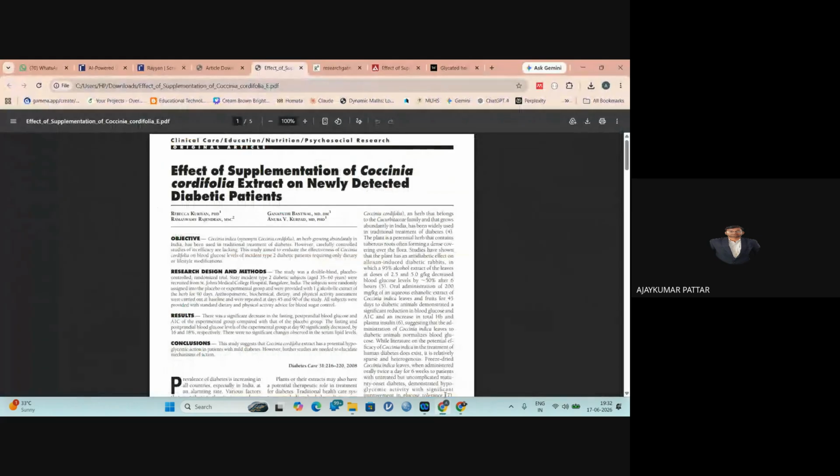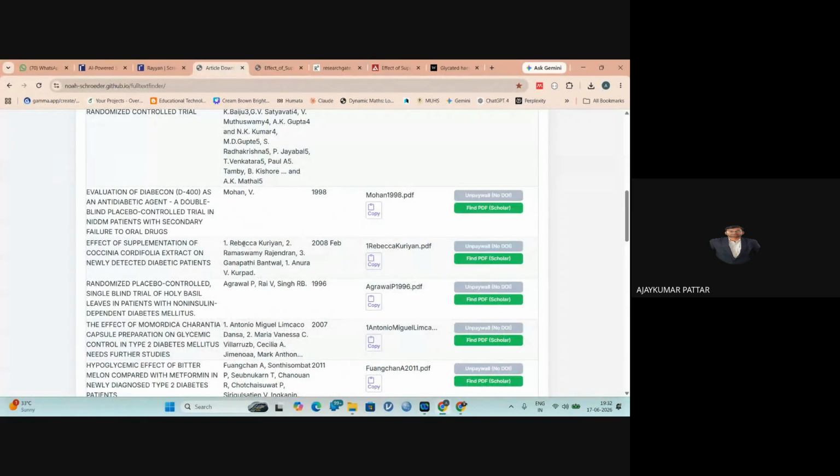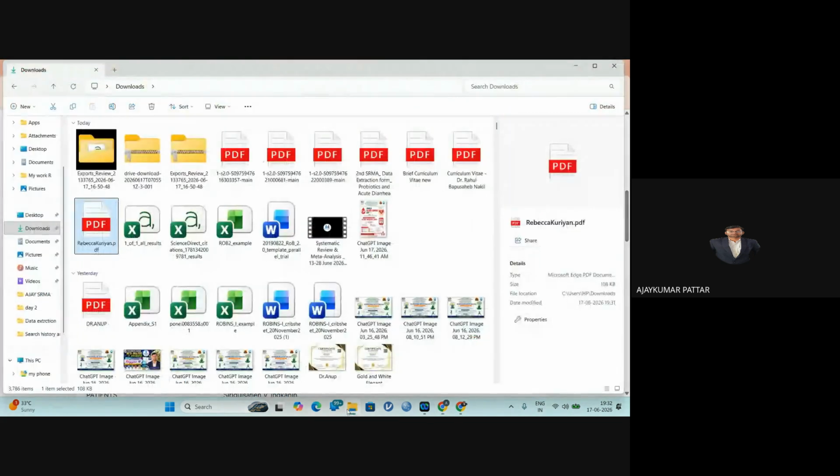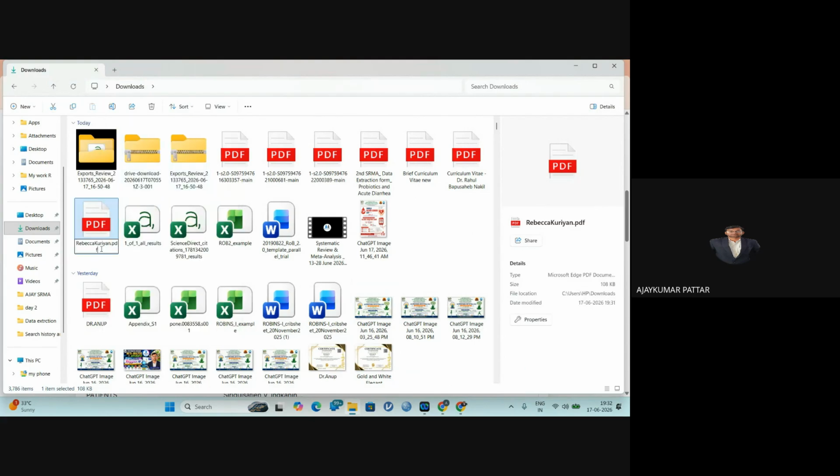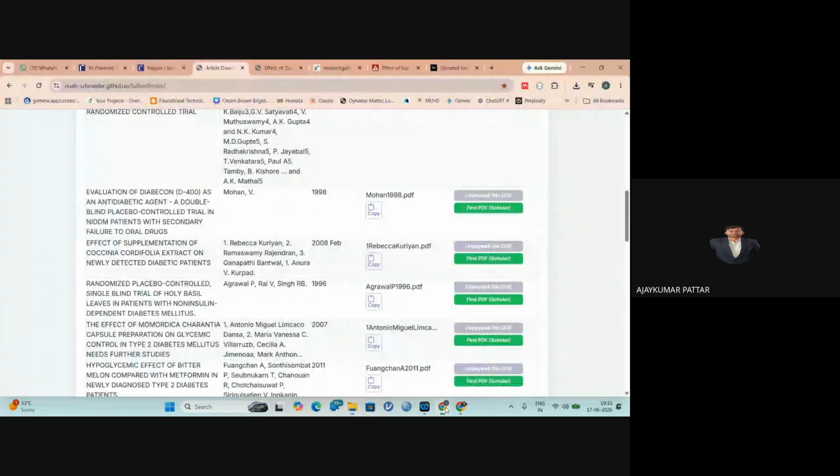So even with the initial name, that is 2008, I will do the naming there only, because later on we will not be able to do it properly. Once we forget, it will always be problematic. Then I have downloaded one paper and I have named it with the first author's initial and year.